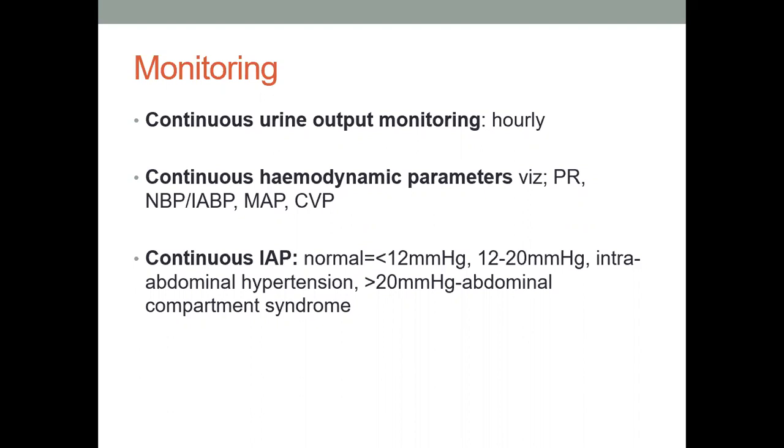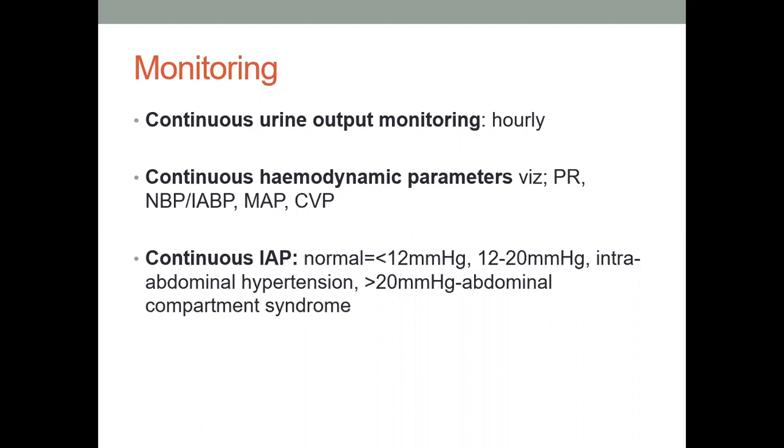If you are not transducing in other cases, continuous sampling of your arterial blood for ABG is an indication for setting up an A line. So every patient that comes into our unit must have a central line and A line set up. I don't know what the practice is in most of our centers, but this is close to ideal.